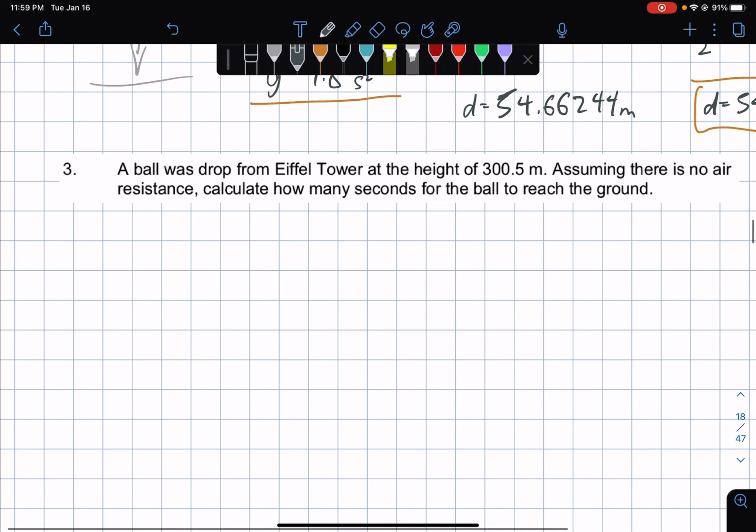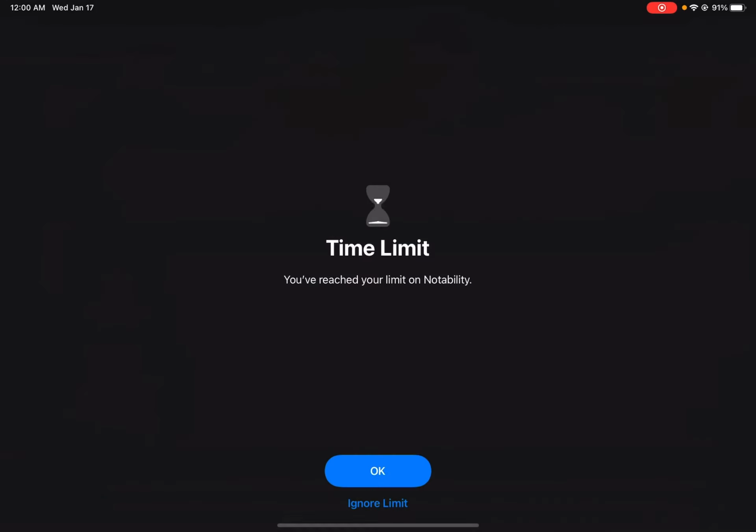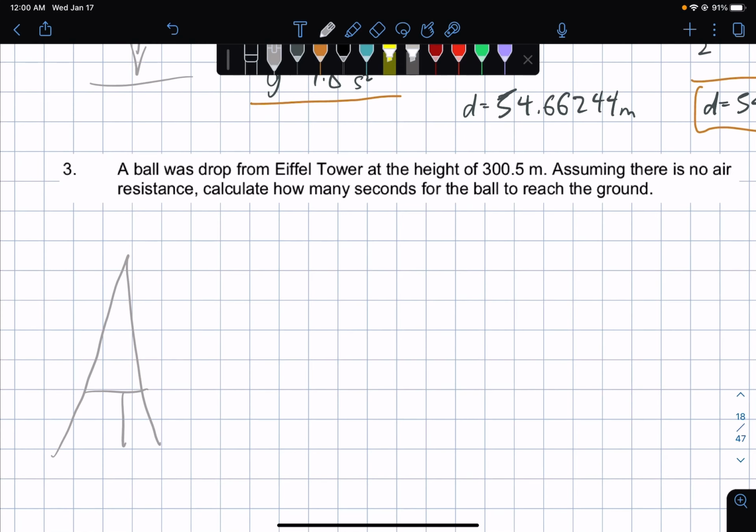So, okay. Number 3, we have the Eiffel Tower. Apologize for the drawing, it's not drawn to scale, but the height is said to be 300.5 meters. So assuming there is no air resistance, calculate how many seconds, so time is missing, for the ball to reach the ground.